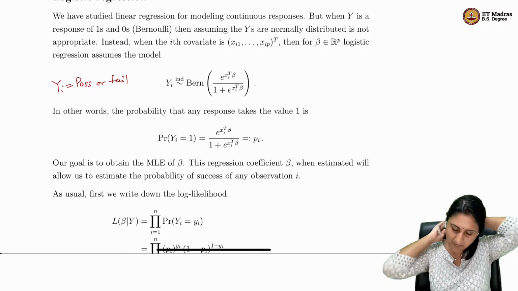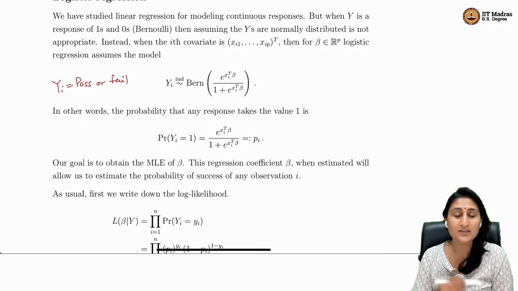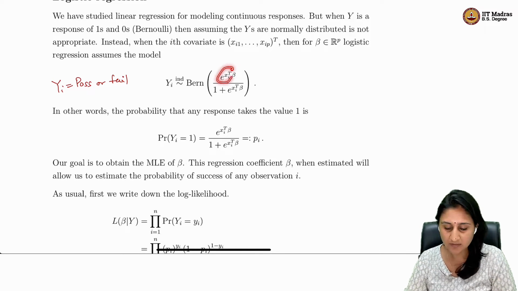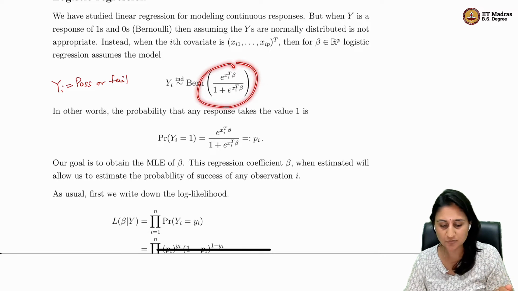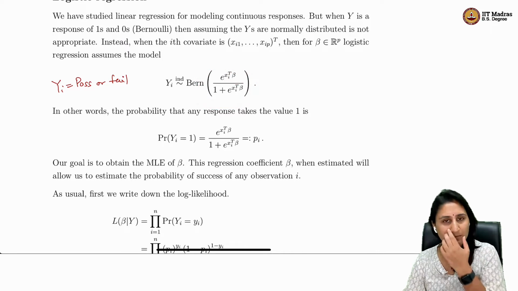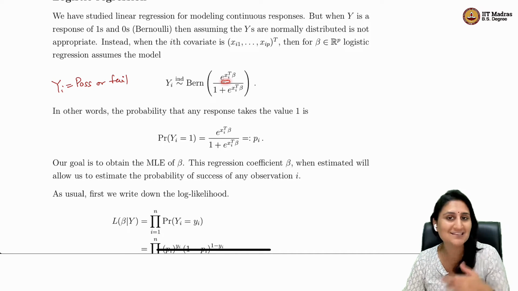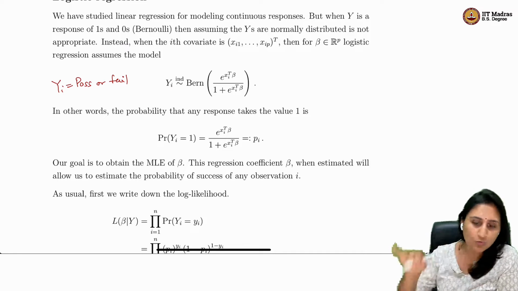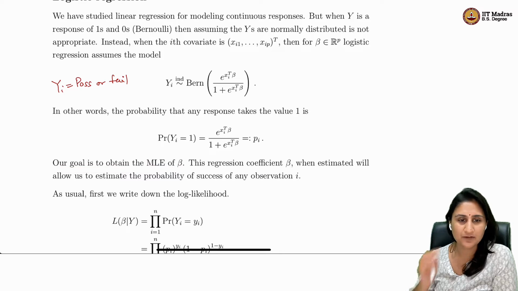I'll repeat that: the probability of success, or whether yi is going to be pass or fail, is critically dependent on the individual's information vector xi via this ratio, which involves this unknown beta, which tells us how important each of these xi's is towards understanding yi. So our whole goal now is to understand and estimate beta, the maximum likelihood estimate.